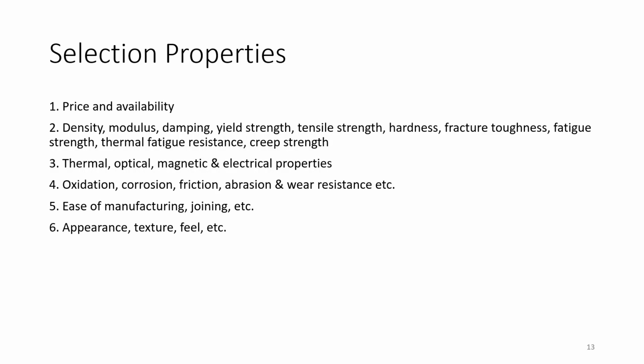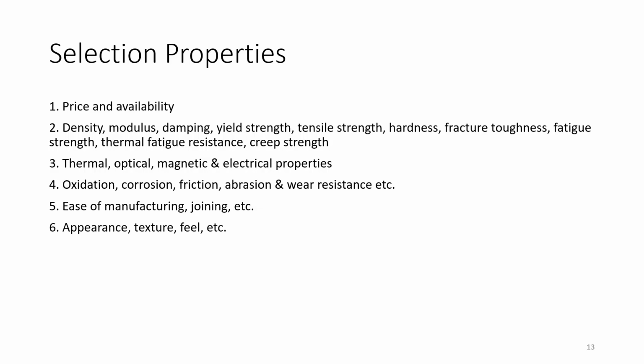Next you have thermal, optical, magnetic and electrical properties. Then depending on what the environment of the final product will be, it can undergo oxidation, corrosion, friction, abrasion or wear. So these resistances are also required. Ease of manufacturing and joining, etc.